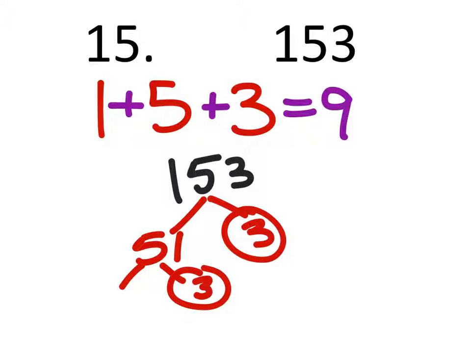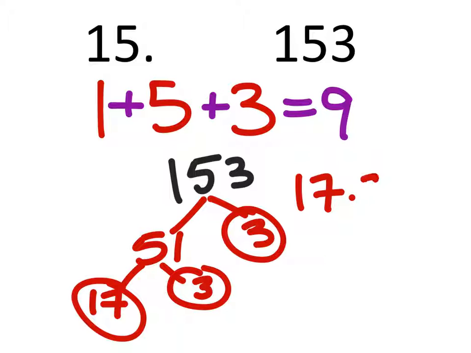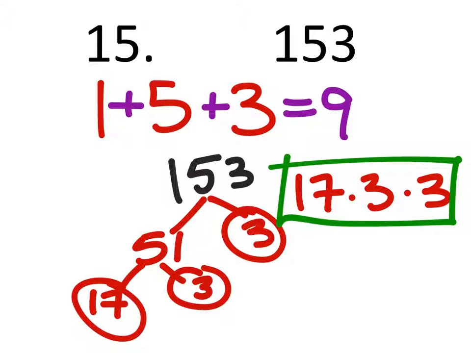And that would be 17. Well, 1 plus 7 is 8. That is not divisible by 3. And it's not divisible by 7, 2, 4, 6, any of those numbers. So 17, as it turns out, is prime. And the factorization would be 17 times 3 times 3, or 3 times 17 times 3. Again, the order to me is not important here, as long as we can factor that stuff out.